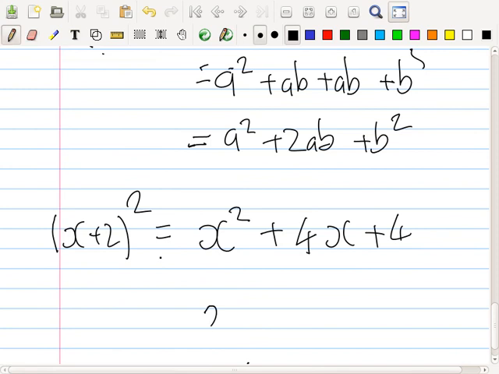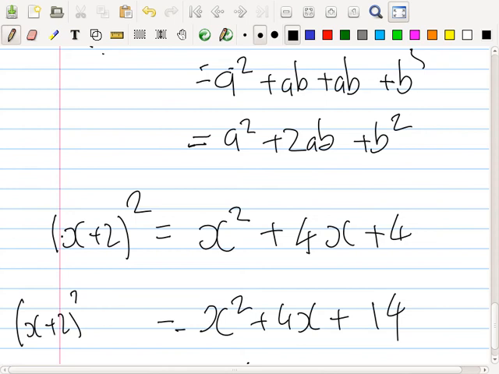Suppose I gave you this quadratic, x squared plus 4x plus 14. That's very similar to this, but with one exception. What's the difference? It's 10. So this is the same as this, except it's 10 bigger. So the answer here will be the same, except I need an extra 10.